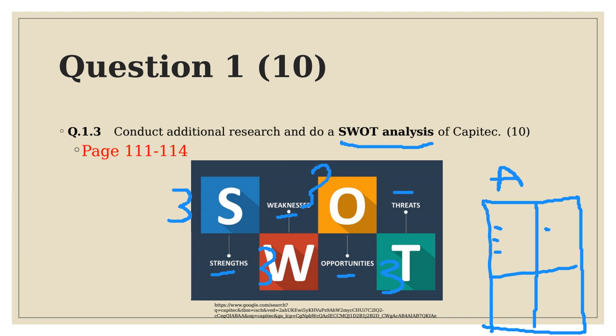So let's say, for example, let's use Neo's example here as a weakness, poor customer service. So that is sufficient. 3 words. You could just have under the weakness the words poor customer service. You don't have to write Capitec Bank has poor customer service because and so on. No, you're just doing the SWOT analysis. So poor customer service, you can write all three of them underneath each other.